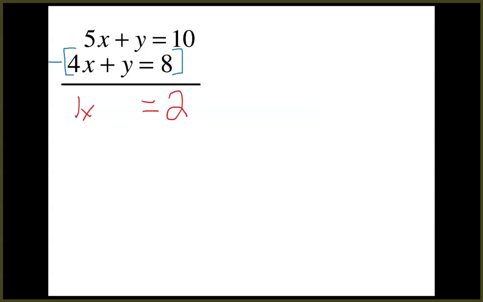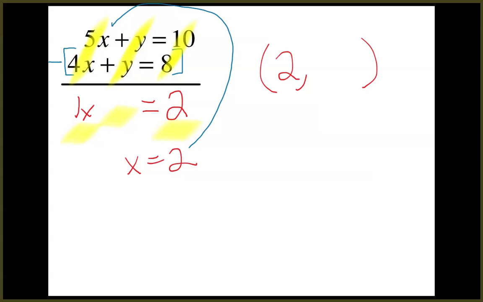Everybody see how we did 5x minus 4x gives us 1x, y minus y gives us nothing, and 10 minus 8 gives us 2. So now that we have that, we actually solved for x, because if 1x equals 2, that means x equals 2. And we know half of our solution is x equals 2, right? What's the other half of our solution? That's where we're going to plug the 2 in for x, right there.